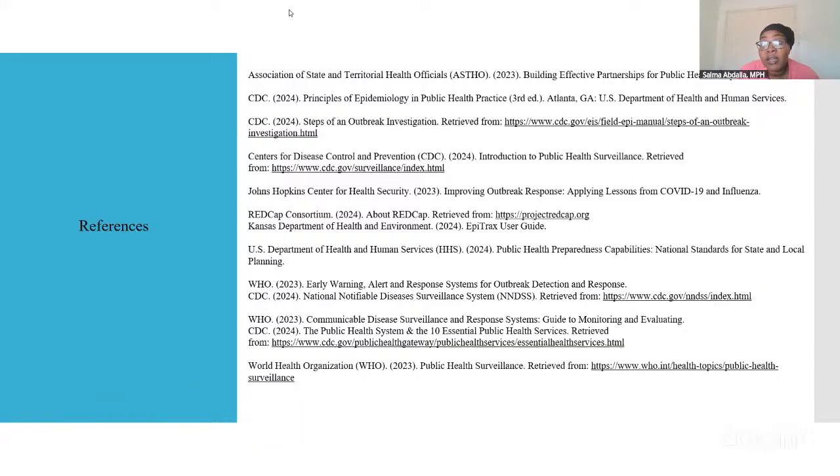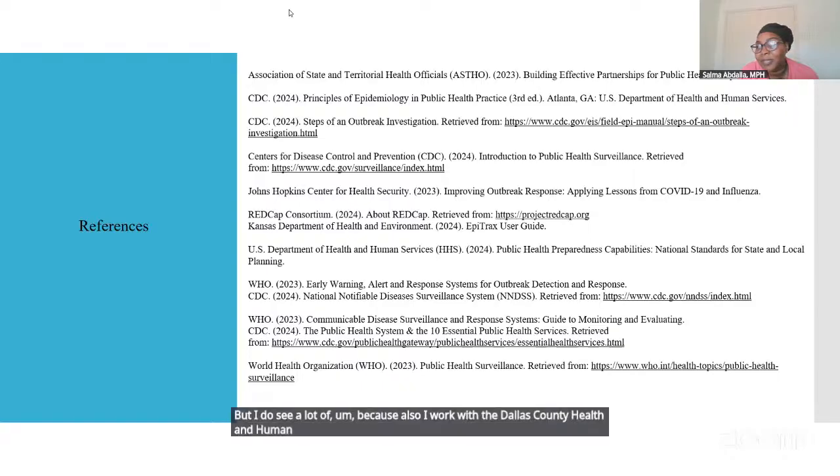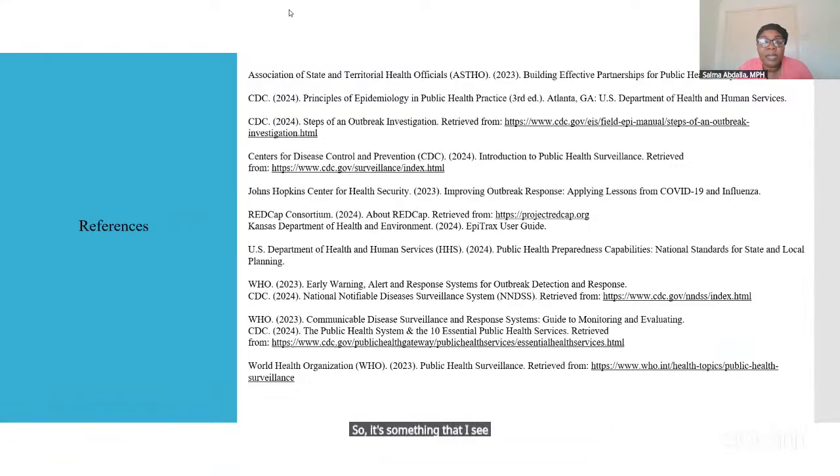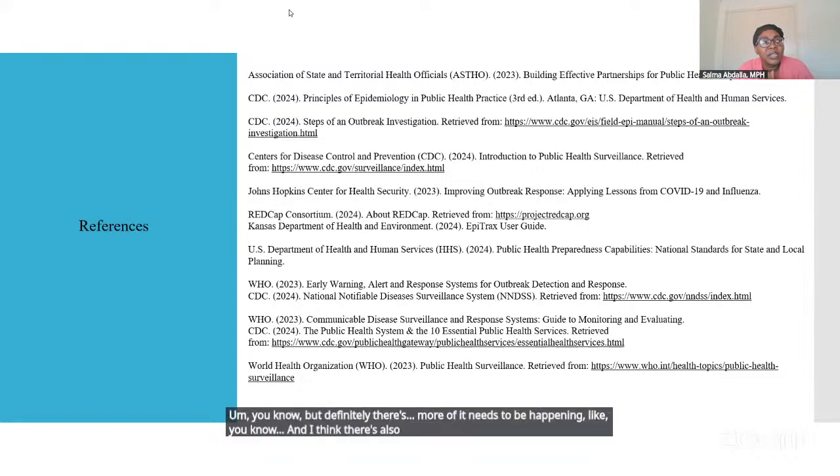But I do see a lot, because I also work with the Dallas County Health and Human Services. They do a lot of health fairs and health screenings. So it's something that I see emerging, and I'm really happy about that. But definitely more of it needs to be happening. And I think there's also a Dallas County HIV clinic too.